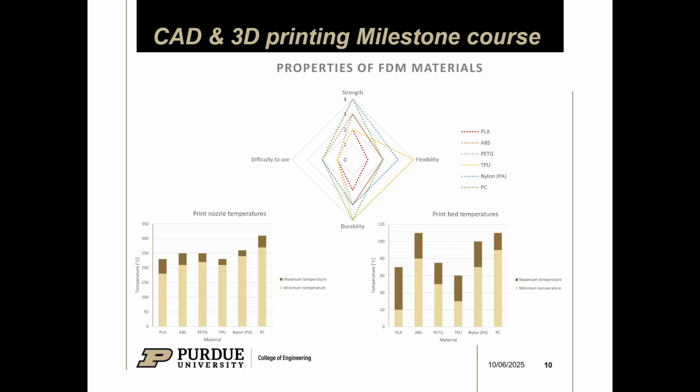But if you have that type of capability, you can mix stuff, like a TPU, which is flexible, and a rigid material. So you could have one piece made of multiple materials, like a flexible hinge that's all one piece. That kind of stuff is pretty cool.